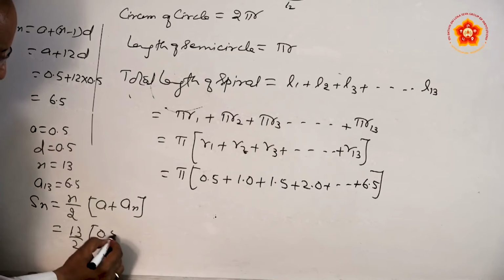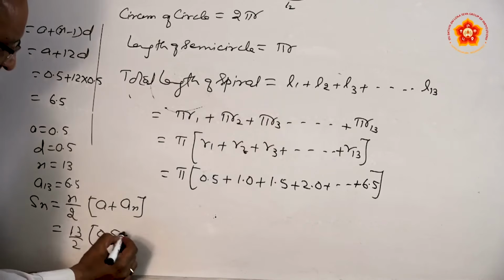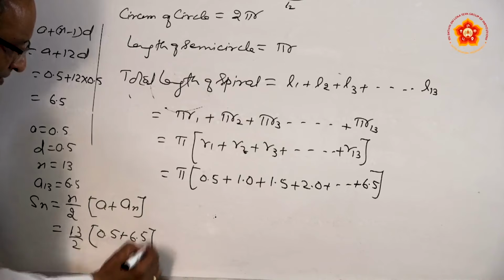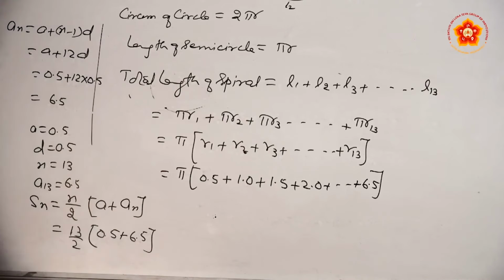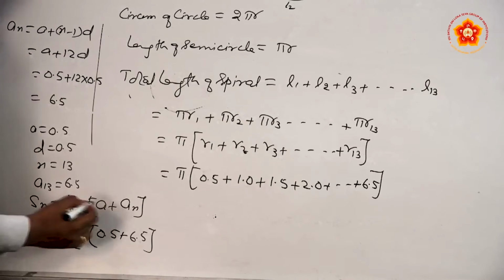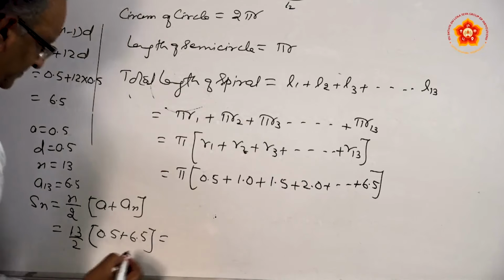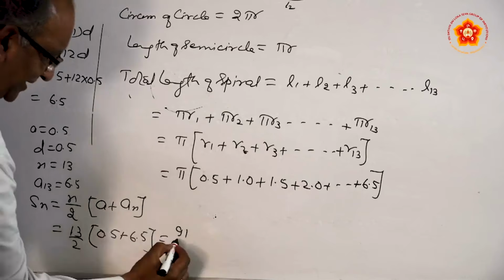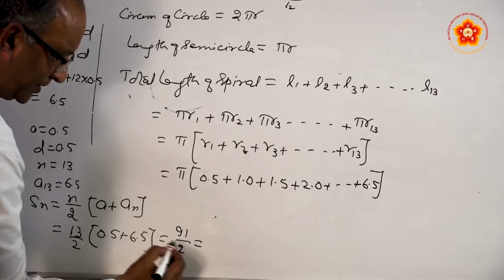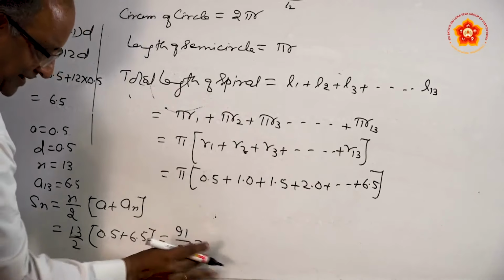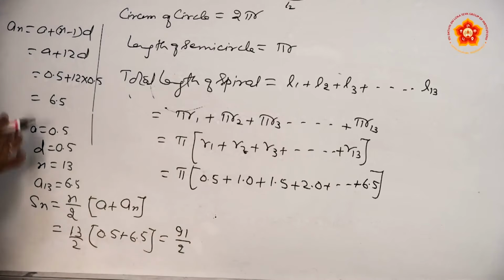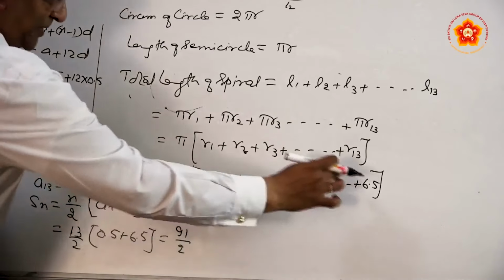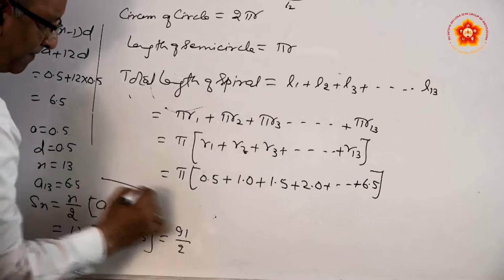First term is 0.5, last term is 6.5. 6.5 plus 0.5 is 7. 13 sevens are 91, by 2. Let it be as it is, 91 by 2 is the total of this particular sequence.